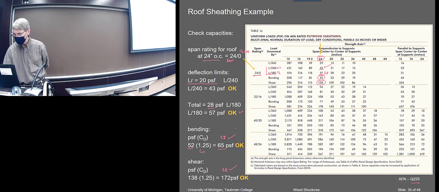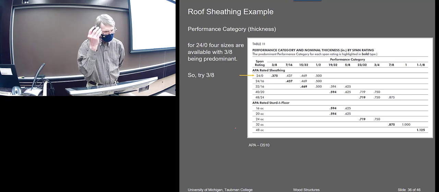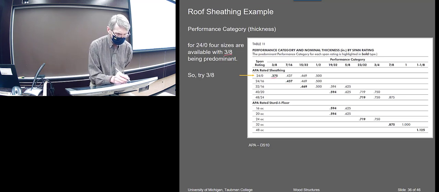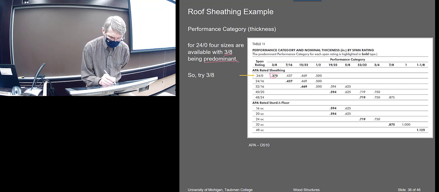It passes that. What else do we have to look for? Oh, the thickness. Okay, well, we easily made it otherwise, so we could go maybe with the lowest thickness. The boldface ones are what they say are predominant. So this one would be the most available anyway.